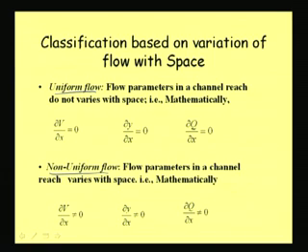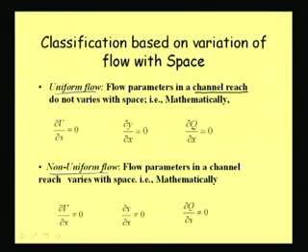Uniform flow is when the flow parameters in a channel reach, meaning in a portion of the channel, do not vary with space, and mathematically we can write del V del x, del y del x, or del q del x is equal to 0.